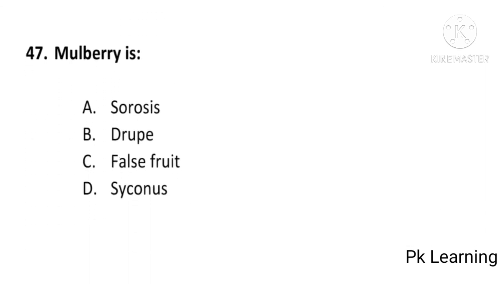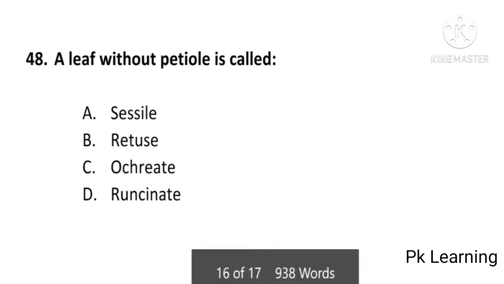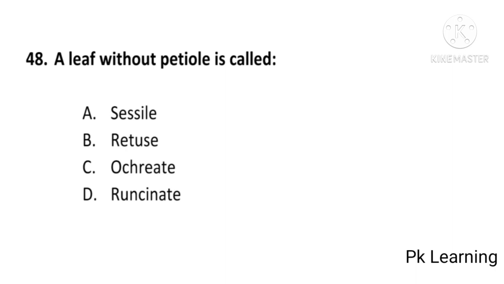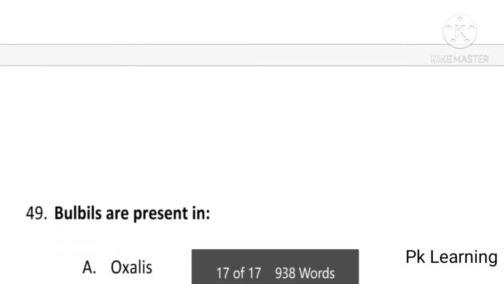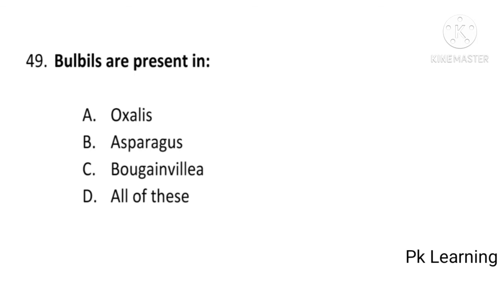And next question is, mulberry is sorosis, drupe, false fruit, or syconus. And answer is A, sorosis. Mulberry is sorosis. A is correct option. And next question is, a leaf without petiole is called sessile, reticulate, acicular, or laciniate. And answer is A, sessile. A leaf without petiole is called sessile. A is correct option. And next question is, bulbils are present in oxalis, asparagus, bougainvillea, or all of these.